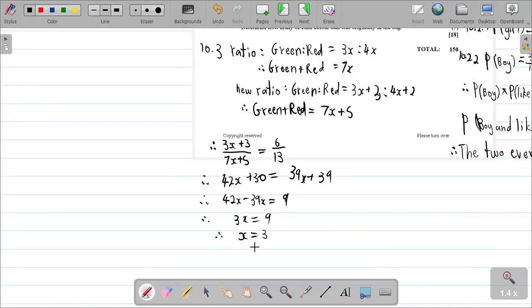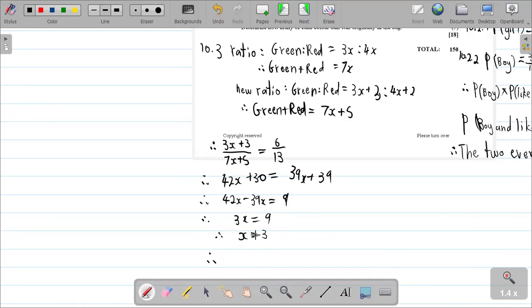So if we have x, then we can substitute x. So it will mean therefore, originally, what was there originally?